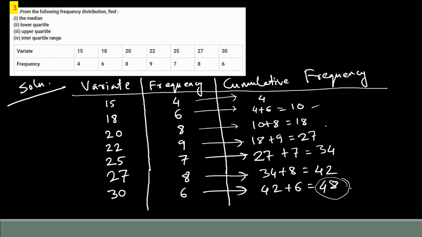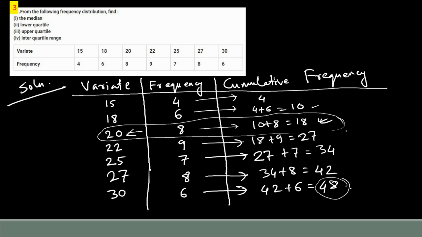Let's see. Up till the 18th term the number was 20 in this row. And from 19 to 27, the number 22 was there. How many times? 9 times, right?